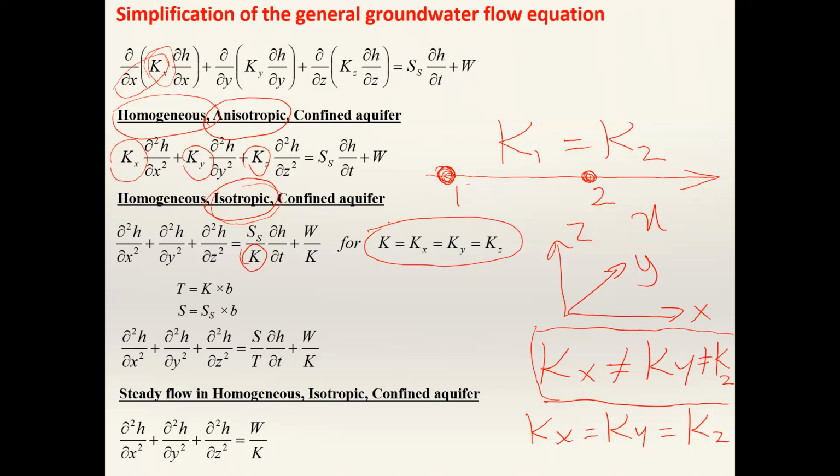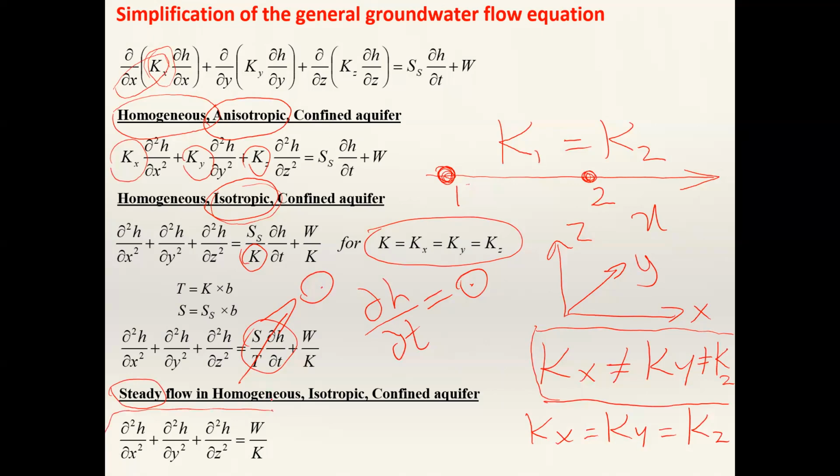Then, if you can assume the flow is steady, what does steady mean? Hydraulic properties like the hydraulic head do not change with time. So the ∂H over ∂t term is equal to 0 if it is steady. In that case, this part becomes 0. So for steady flow, this part becomes 0, and you can write it like this.